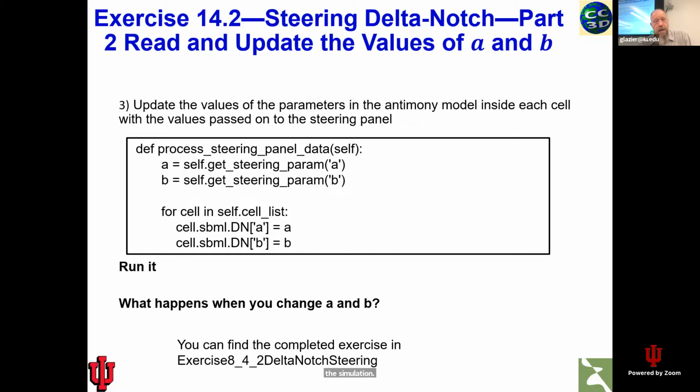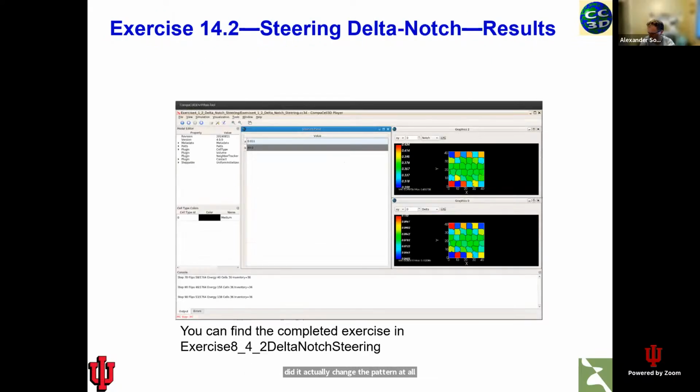And did you find, Alex, when you ran that, did it actually change the pattern at all? When I made the B really low, yes, but otherwise not really. Okay, when you make B really low, what happens? Everything just becomes red. Okay, so it blows out, right? Either the inhibition doesn't work or the activation doesn't work.